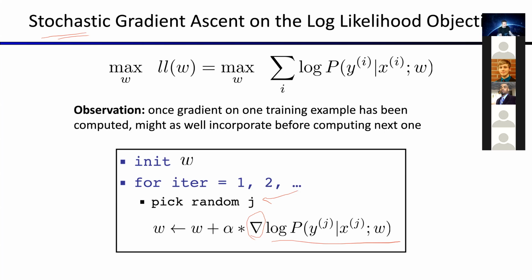So at each iteration, you pick some examples depending on the amount of compute that you have. For example, imagine that you have 100 GPU cores, then you want to calculate all of this in parallel.